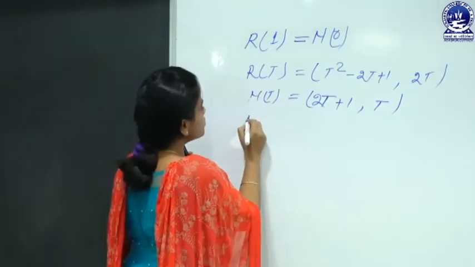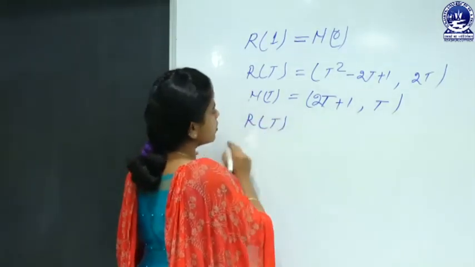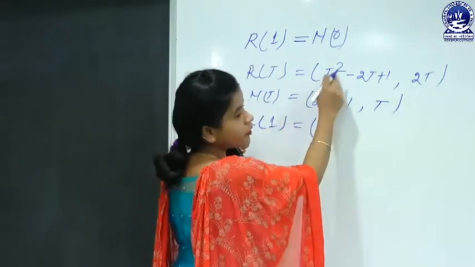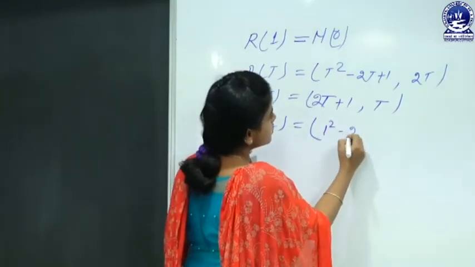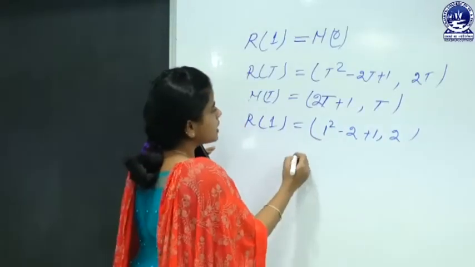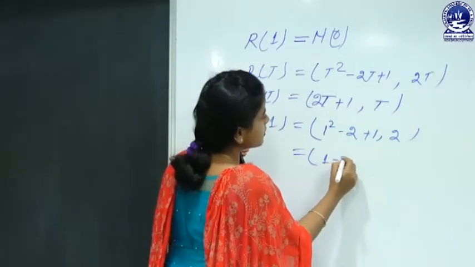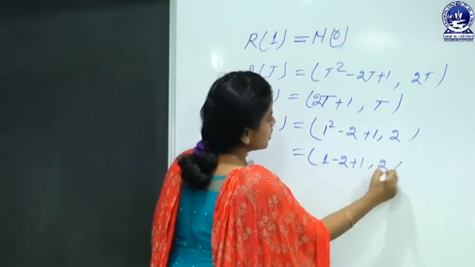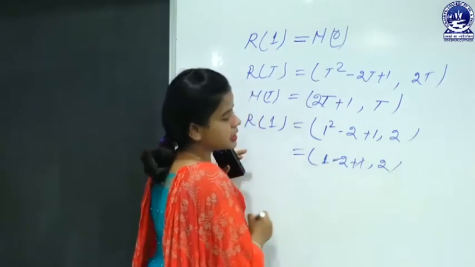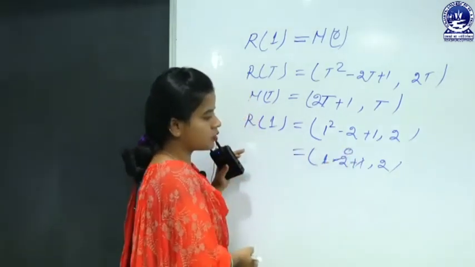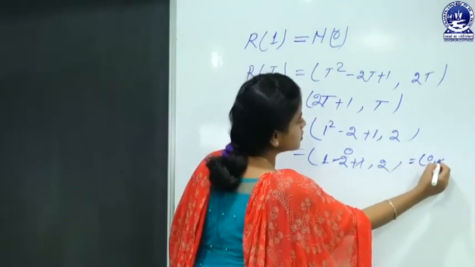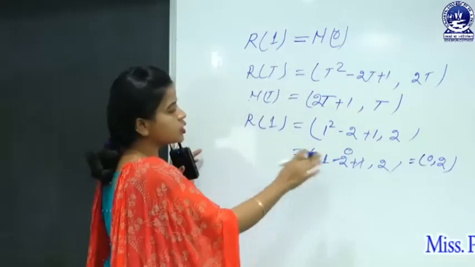Putting t equal to 1 in r of t: 1 square minus 2 plus 1, and 2 into 1, that's 2. So the result is 1 minus 2 plus 1, which cancels to 0, and the second value is 2. Here the point value of r of 1 is (0, 2).